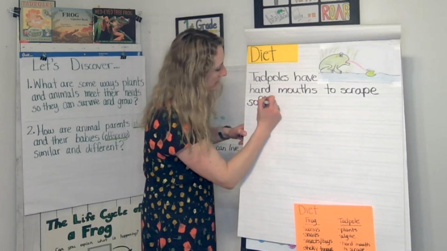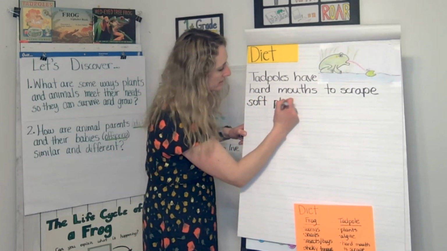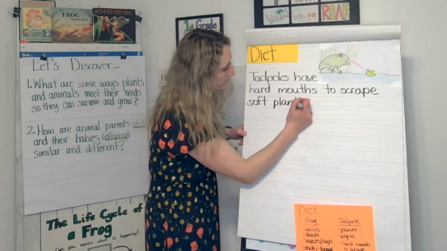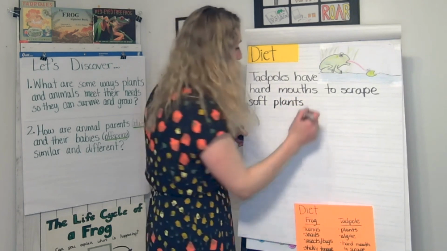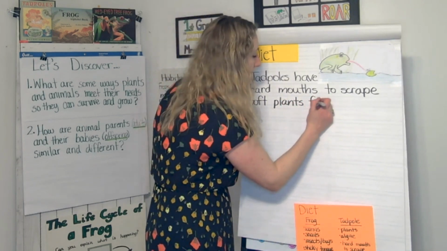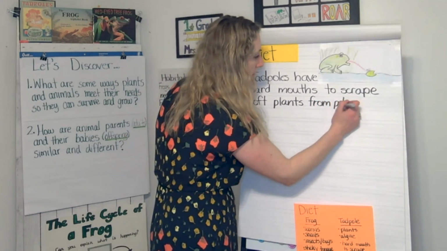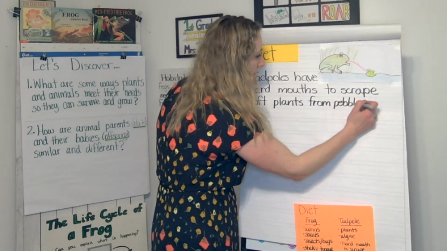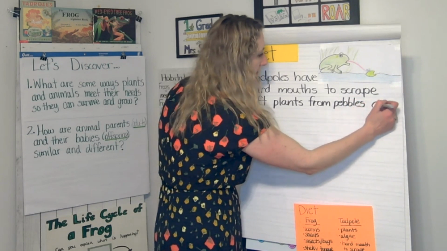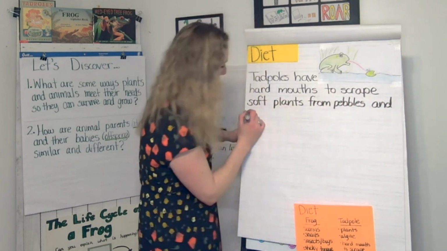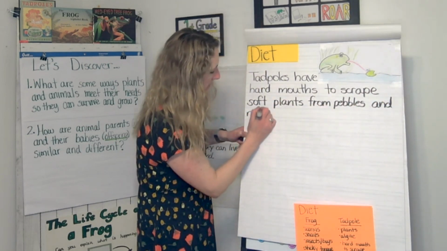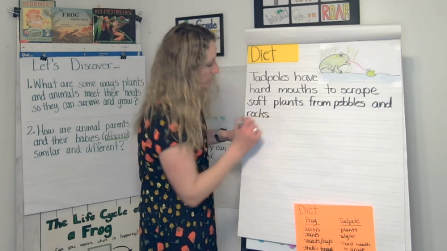Soft plants, or they could be algae, from pebbles, which are going to be really, really small little stones. Pebbles and rocks, rocks. All right, let's read this whole sentence, everybody.